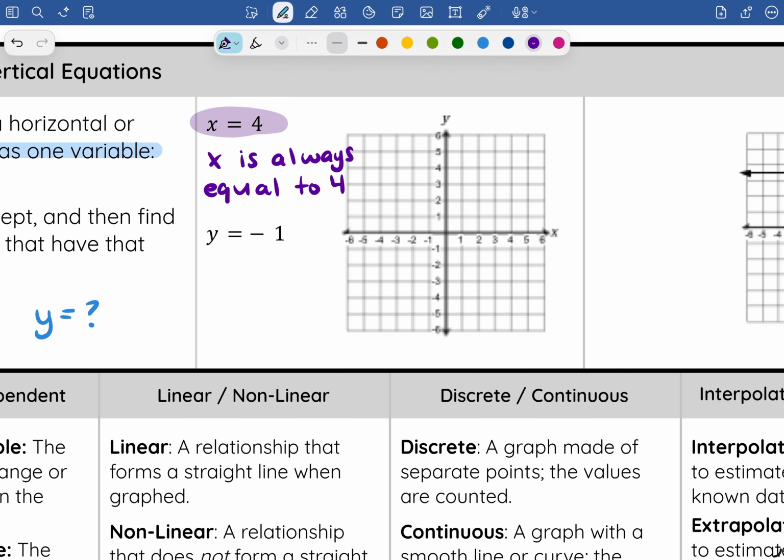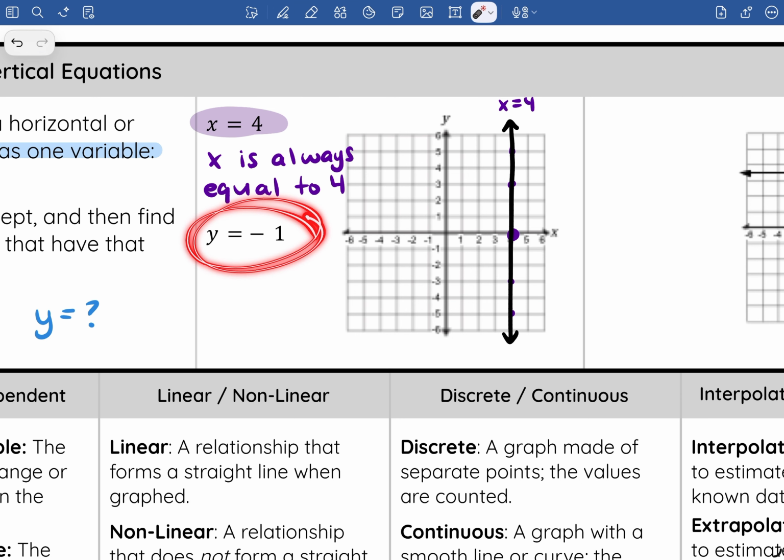Which means that we can find a bunch of points with an x value of 4, starting maybe with our x-intercept. That's a nice one for sure. And just any other points along this line where x is equal to 4. And this is clearly forming a straight vertical line. So this one here is x equals 4.